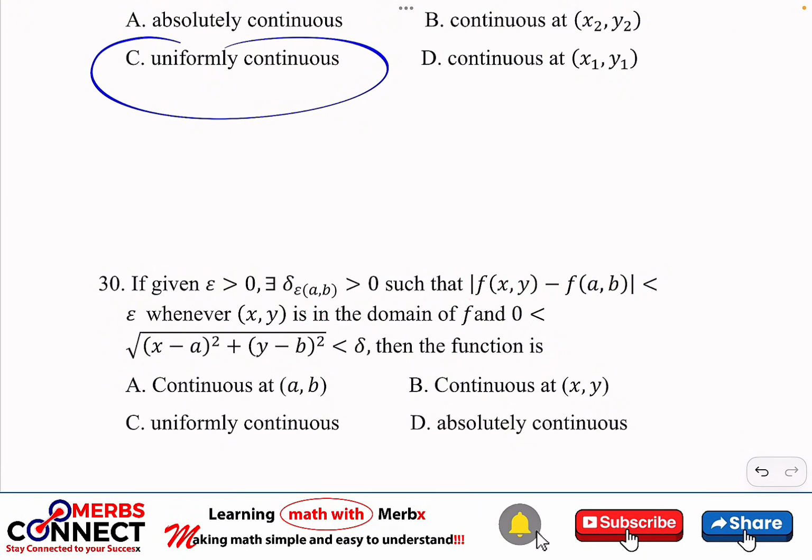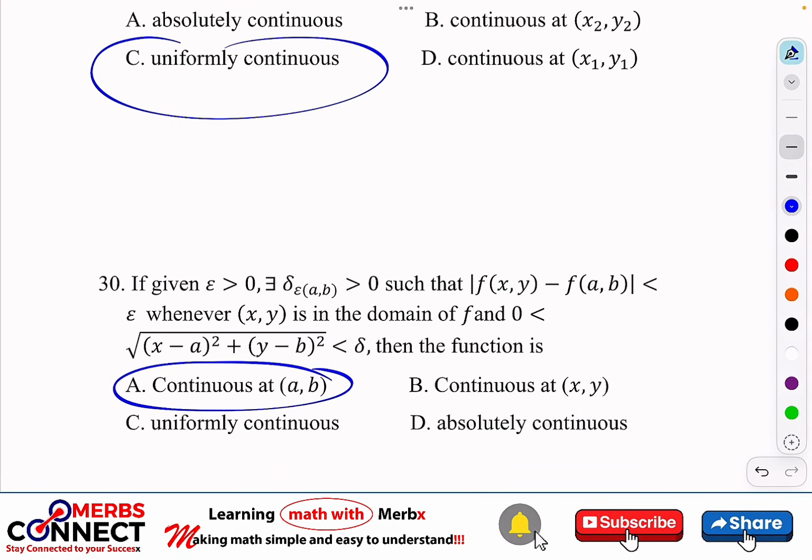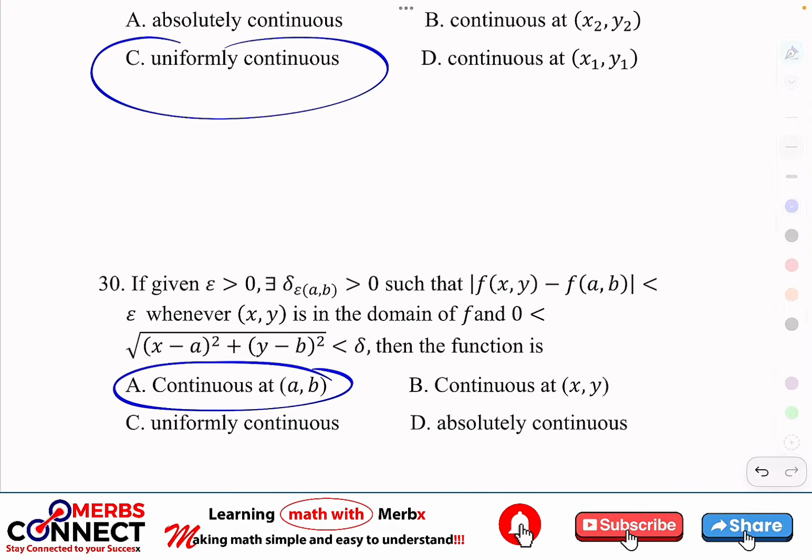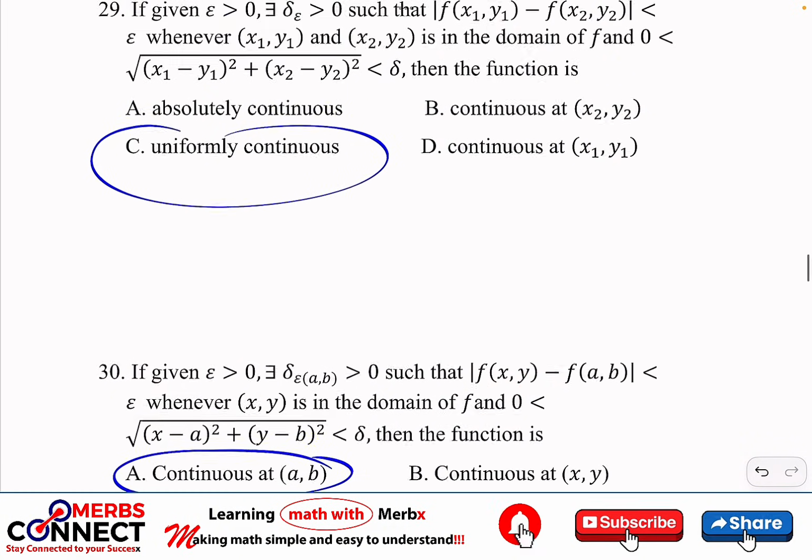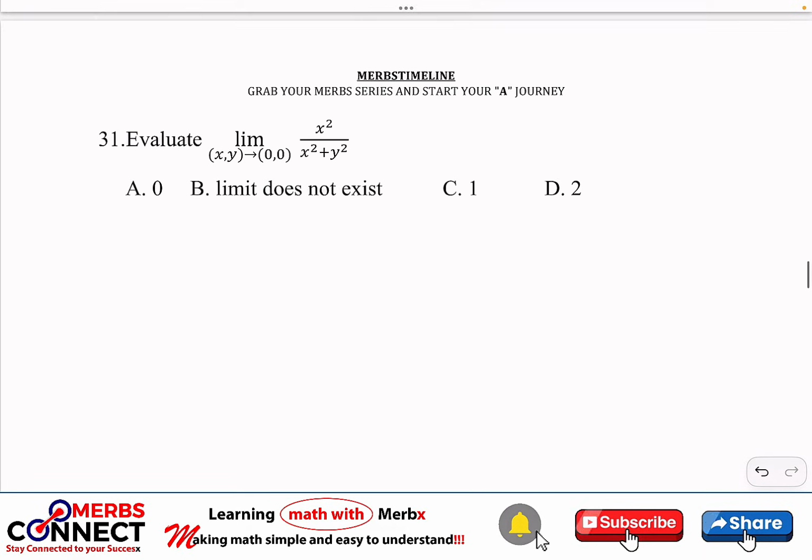Since we can plug in f of (a, b), the function should be continuous at this point. Because remember, a function is continuous when the limit exists and we can also do direct substitution. So this is the direct substitution here, and the limit also exists here. Great, that is basically the idea here.